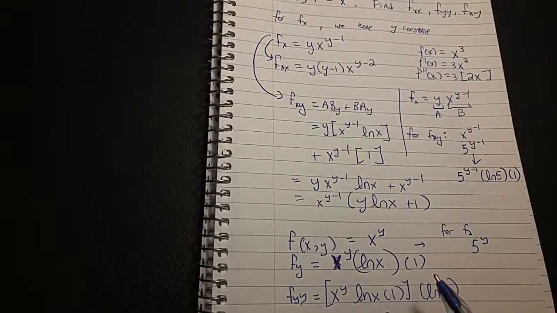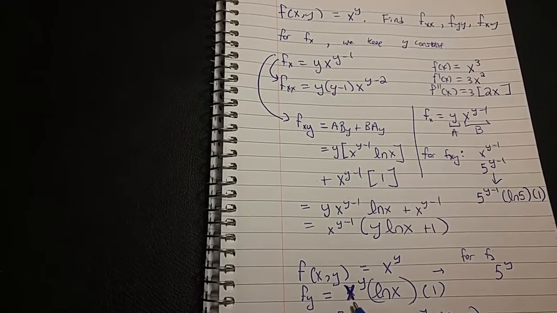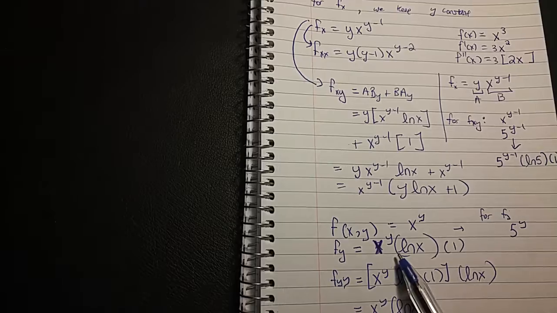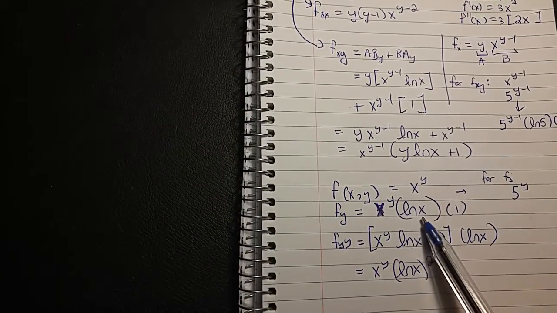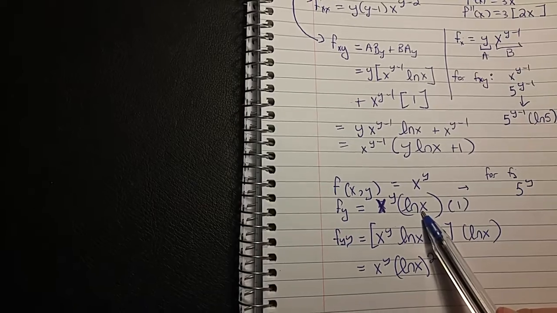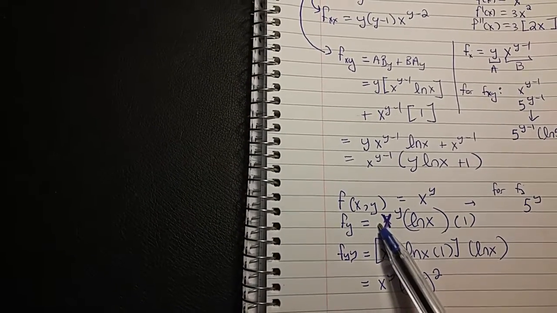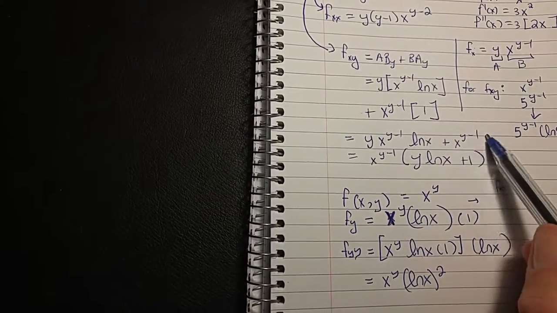Now, another way of doing this is you could have done f sub y first and then taken the x derivative. You would have had a product rule. So we would have a times the derivative of b with respect to x. Derivative of ln of x is 1 over x. We have x to the y over x, which is x to the power of y minus 1. So we get that term.